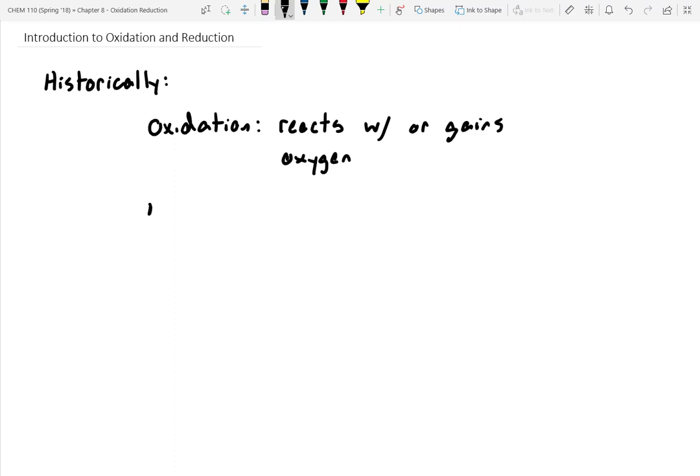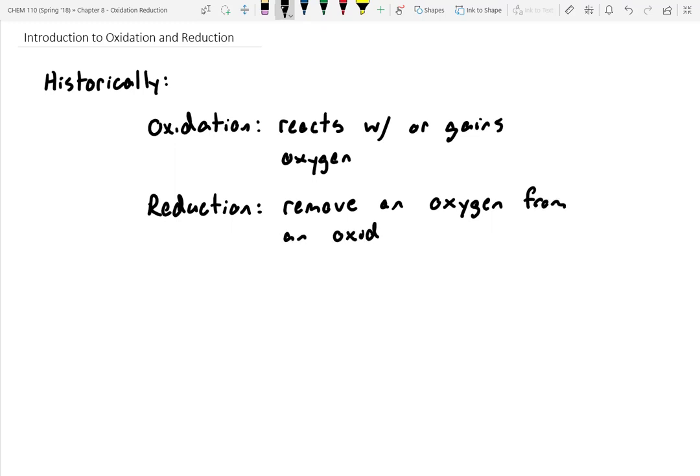And then conversely, with reduction, you remove an oxygen from an oxide.